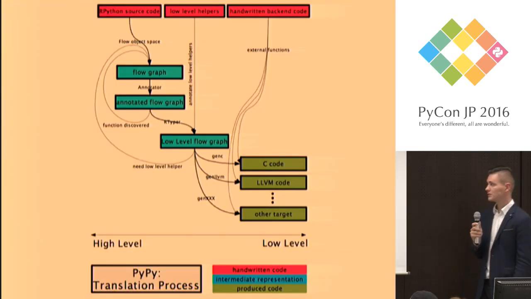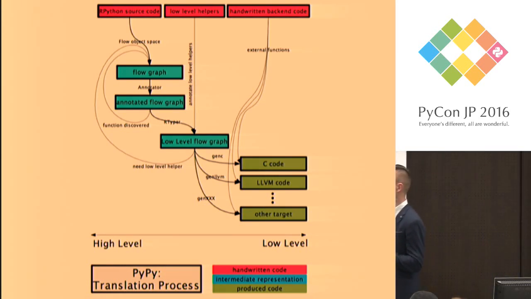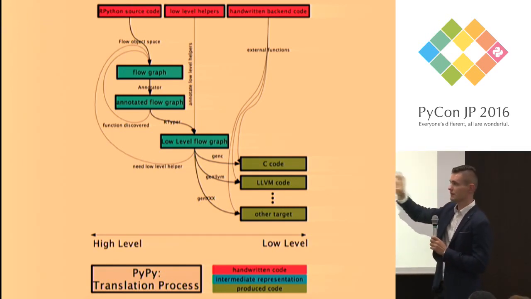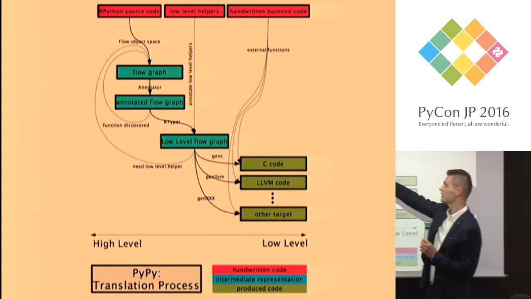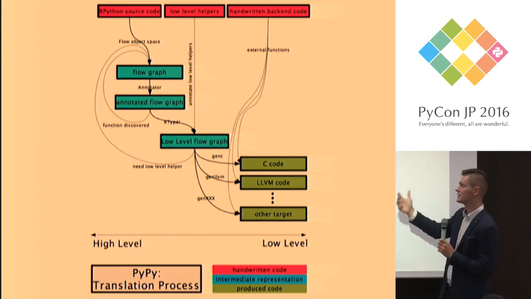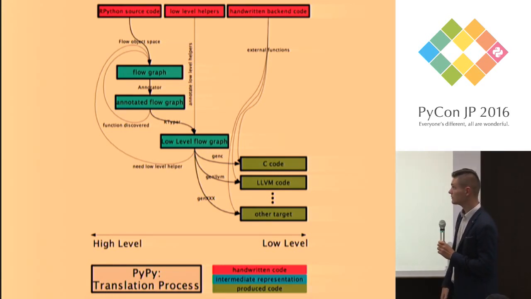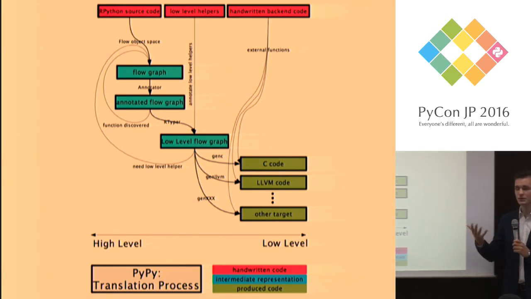So when it comes to PyPy, this is roughly how it looks. The top parts are something people have written by hand. Everything in the middle is being translated on the fly, and these are the final results you get. So the way it works is it looks at this Python-looking source code.